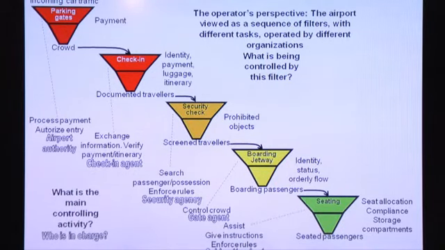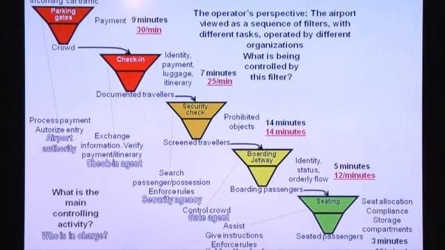Some individuals may be easy to process, others may be very complex and require very different times to process. And the time, of course, is important because depending on the resources available, the capacity of the filter will be quite different. Given the time requirement and the number of resources, people, machines, installations, equipment, you get a capacity and a possible number of people you can process per time unit.